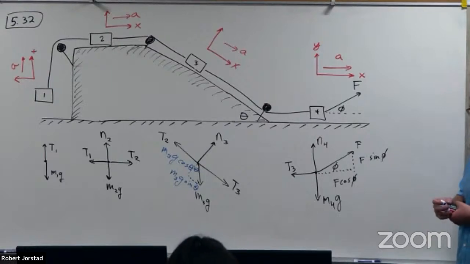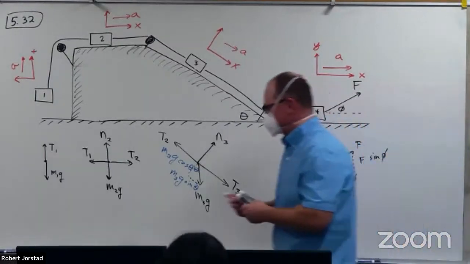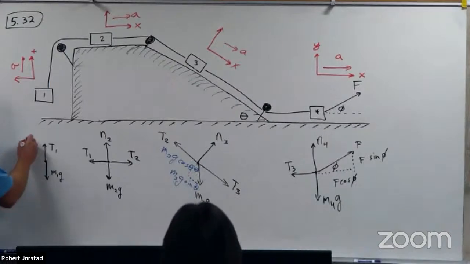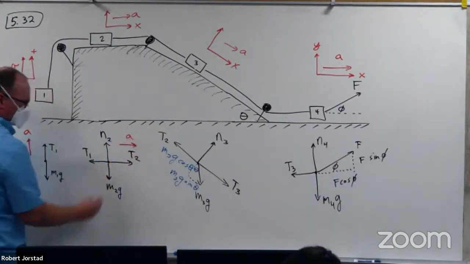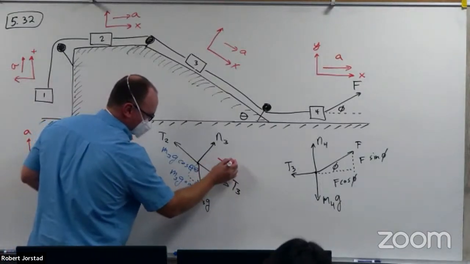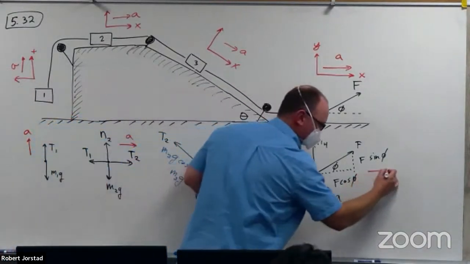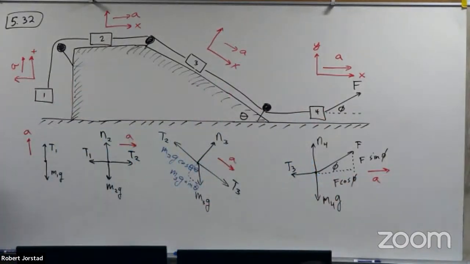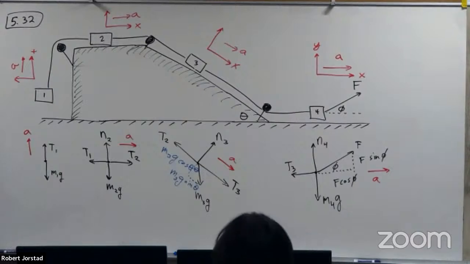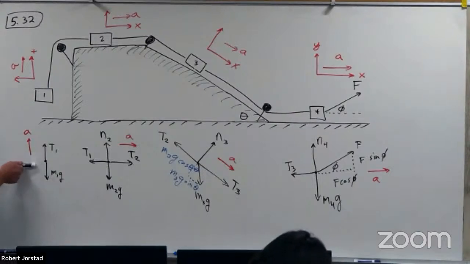Now, check this out. Watch this. This one's accelerating this way with a, right? This one's accelerating this way with a. This one's accelerating this way with a. This one's accelerating this way with a. Agreed? Look at the force equations. I know we're over. Well, we're only 1 minute over. We're going to be done. Give me the force equation right now for this one.